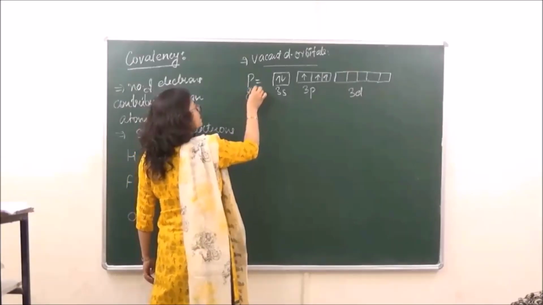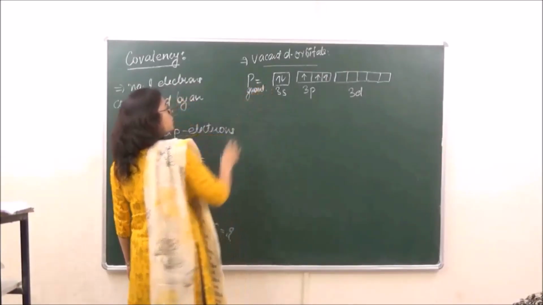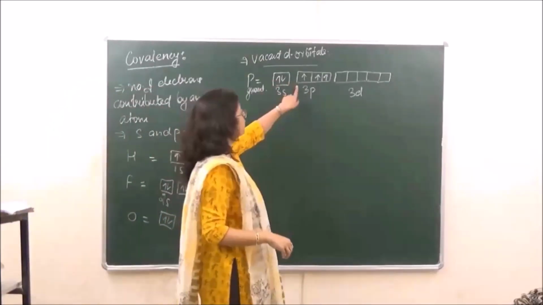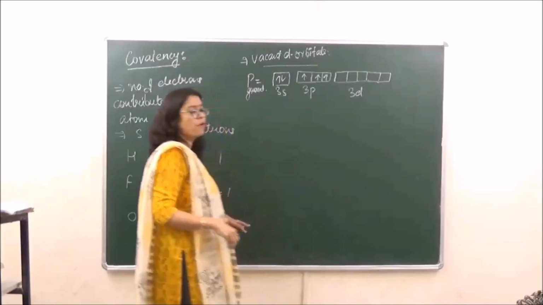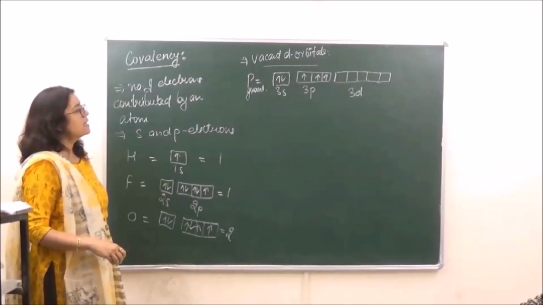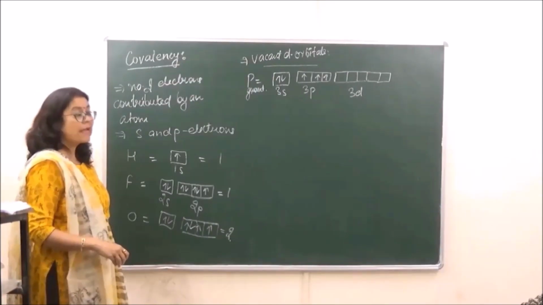This is the ground state electronic configuration of phosphorus. According to the ground state electronic configuration, the atom of phosphorus can only show 3 covalency. But it is seen that phosphorus shows a covalency of 5.